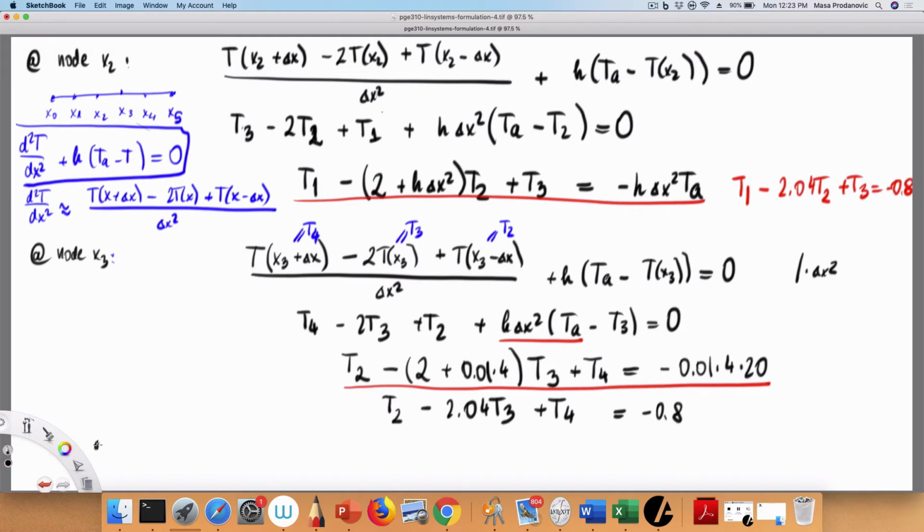So let's write at node x4 rather. What do I get? The same equation will be T of x4 plus delta x, which is T5, but T5 I know, it's my boundary condition, minus 2T4 plus T3, divided by delta x squared, plus h times (Ta minus T4) is equal to 0.